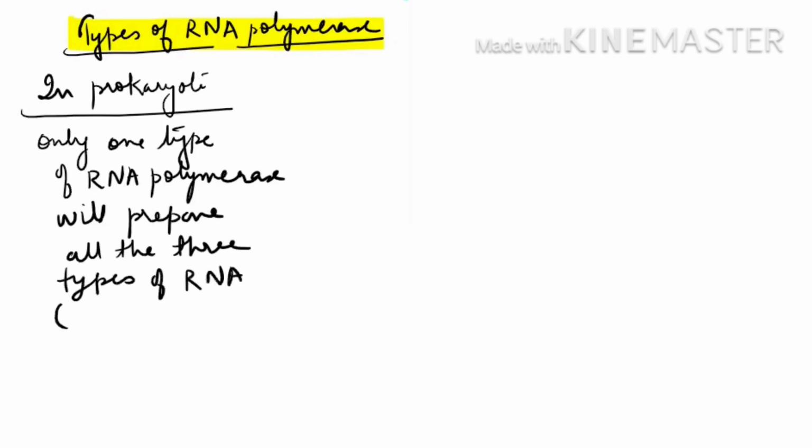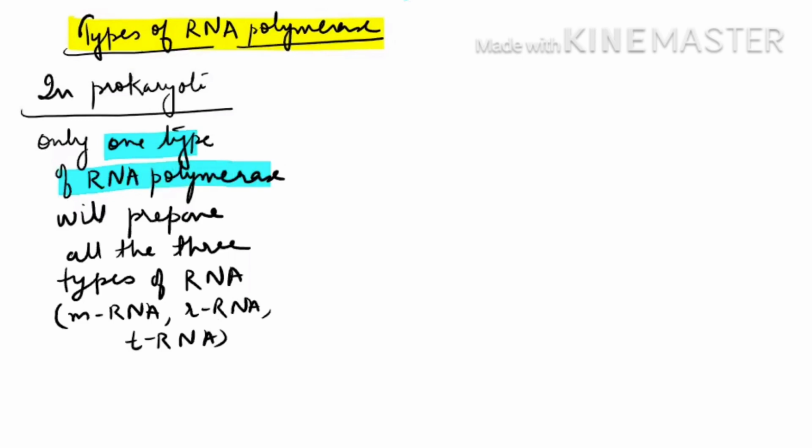Which three types of RNA? See here, messenger RNA, ribosomal RNA, and transfer RNA. So in case of prokaryotes, this is very important, only one type of RNA polymerase is required.